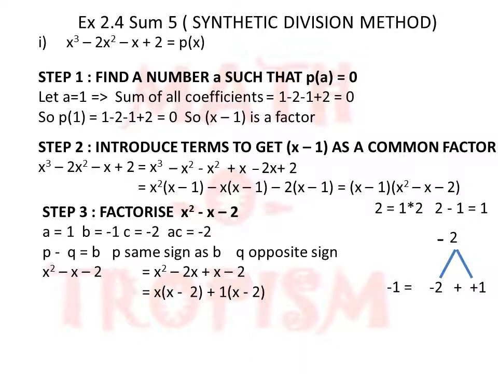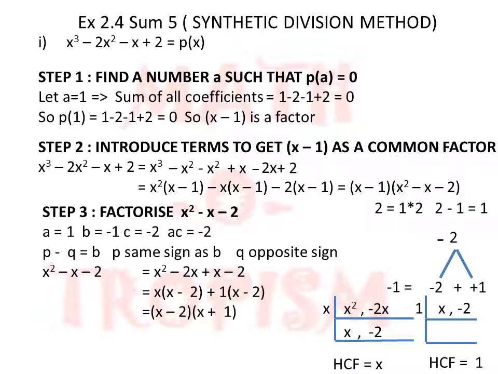So this comes to x minus 2 into x plus 1. Another way is we find the HCF of the two terms separately and write it over here, where HCF is written outside and the remaining terms after prime factorization are written inside.